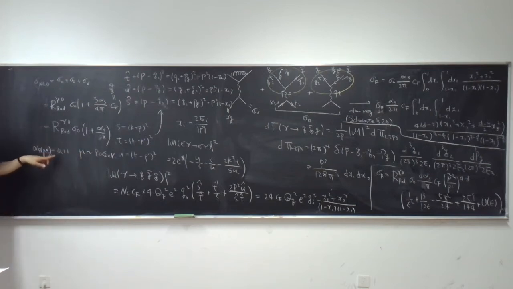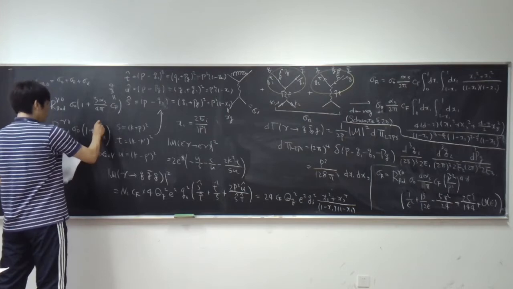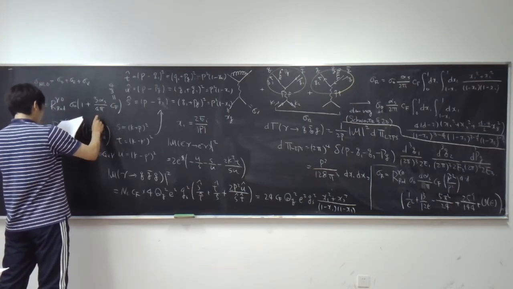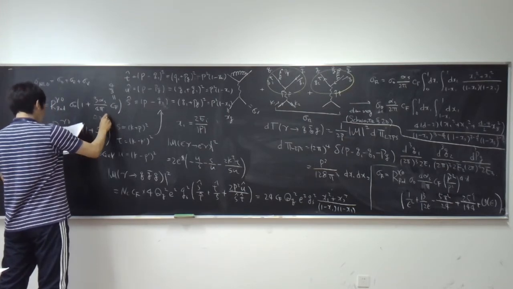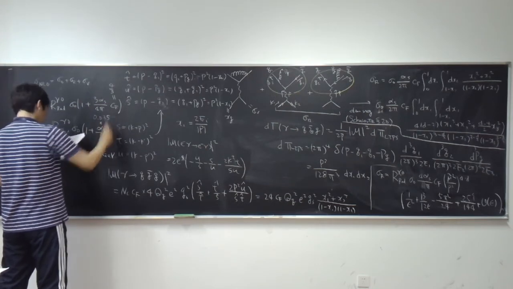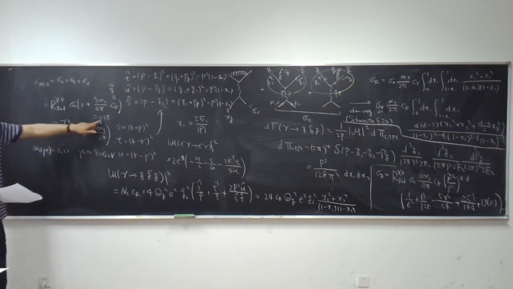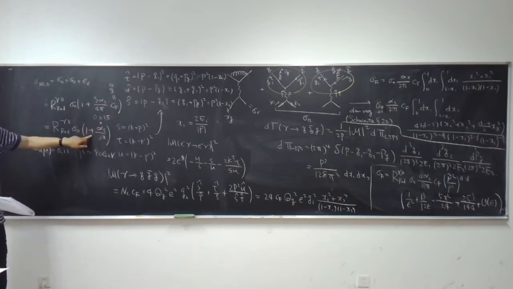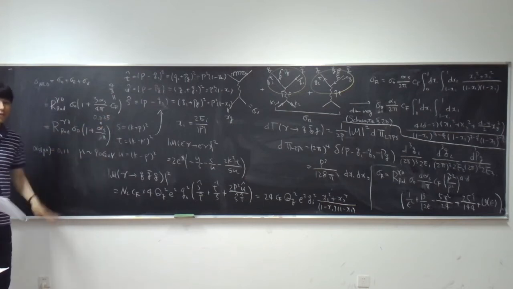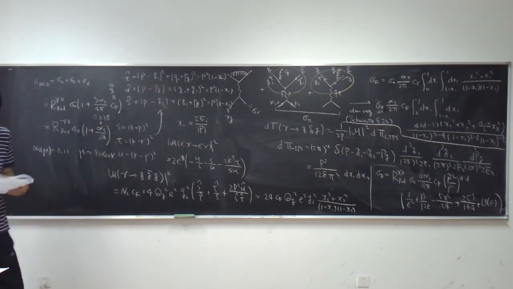So it's a kind of small number, so you can just apply perturbation theory. This correction would be around 0.035, so it's a 1 plus 0.035 perturbative correction. That's the correction I wanted to make.